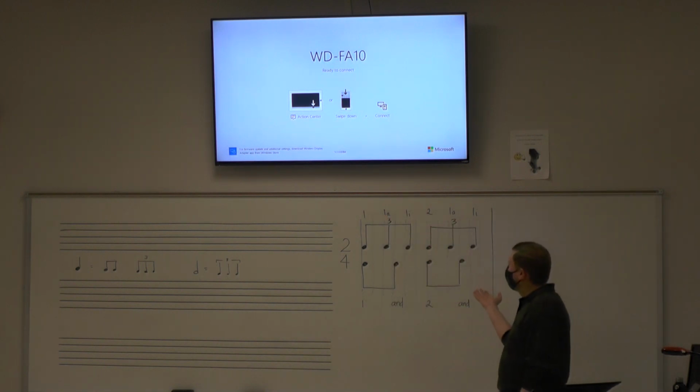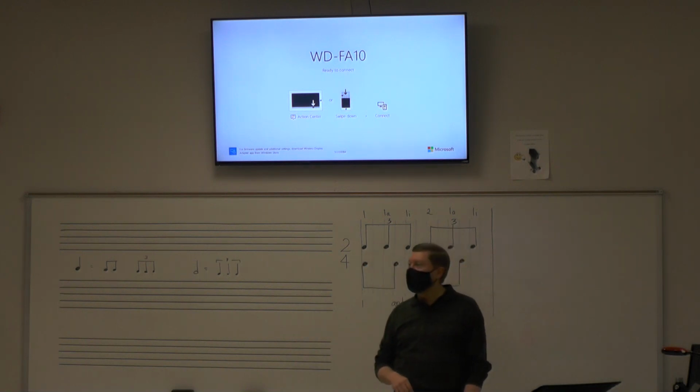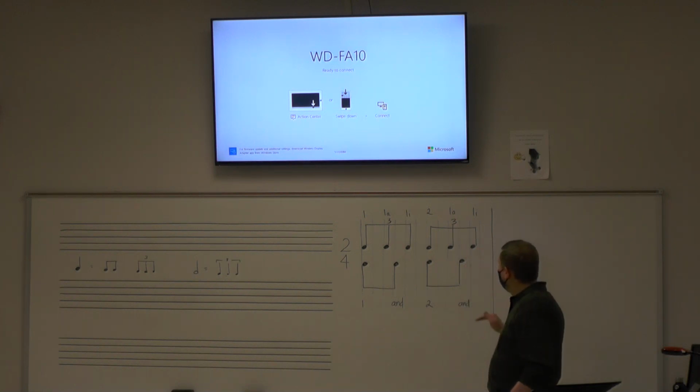What I want to say for triplets in simple meters is just 1 long lead, 2 long lead. So if we get a normal square, 1 and 2, and we add 1 long lead, 2 long lead, that kind of thing.